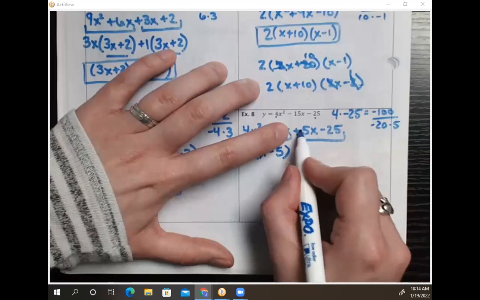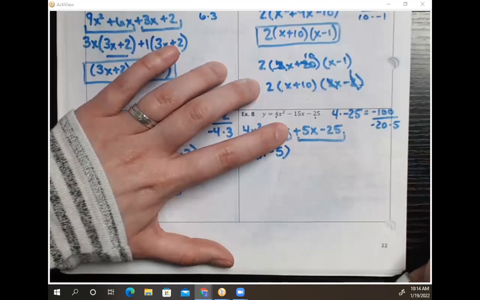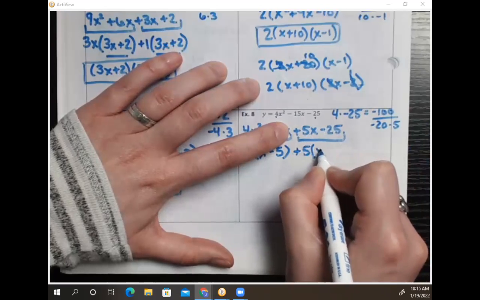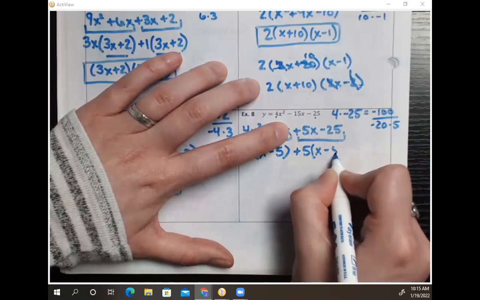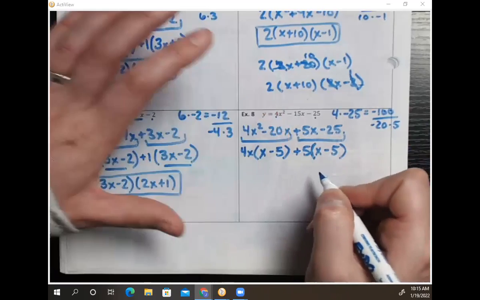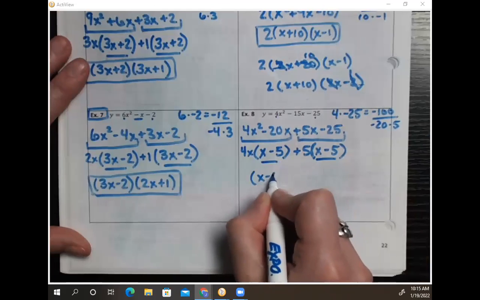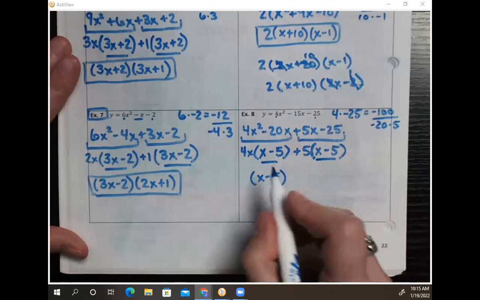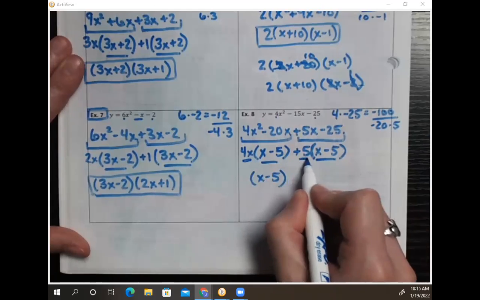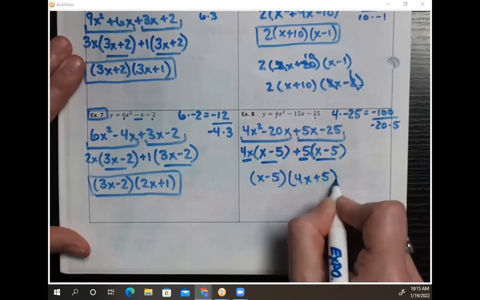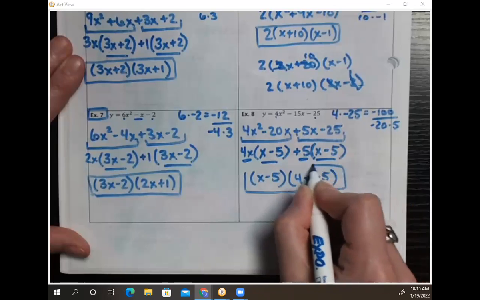For my second group here, what's my GCF? I can divide both of those terms by 5. So when I divide out the 5, that leaves me with x minus 5. My stuff in parentheses is the same, so I pull that out. And I'm left with 4x plus 5. And there's my factored form.